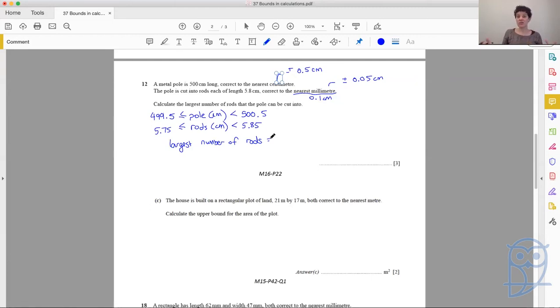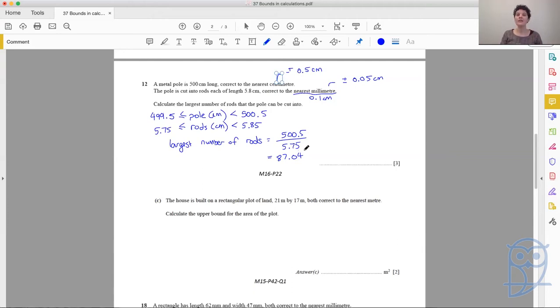But to get lots of rods, we would want the longest pole possible, because then we can cut it into more rods. So longest pole, 500.5, divided by shortest rods, 5.75, equals 87.04. Now we've got to think, because in this case, rounding to 3 significant figures would be 87.0.